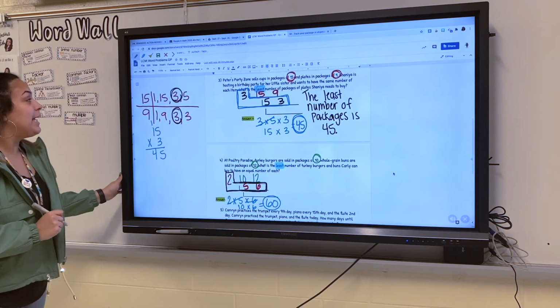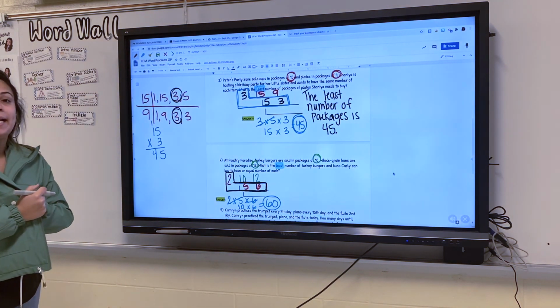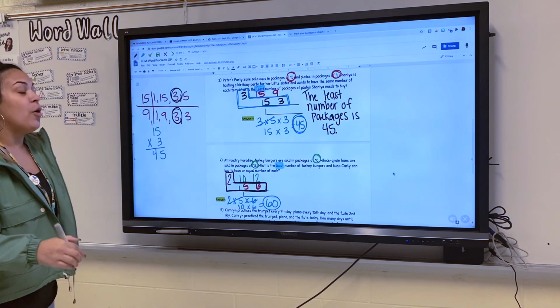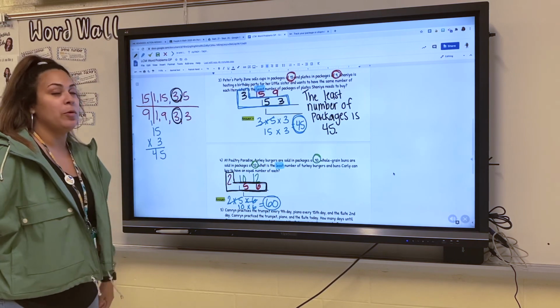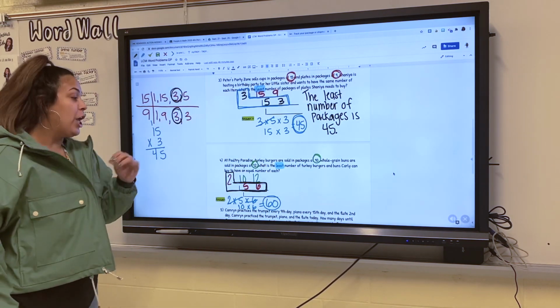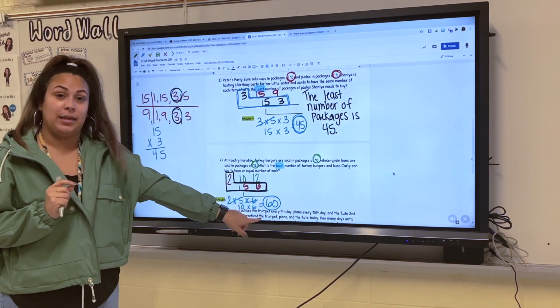So 60 is the least common multiple of 10 and 12. That means when I multiply 10 by all of the numbers and 12 by all of the numbers, the first multiple that they'll have in common is 60.